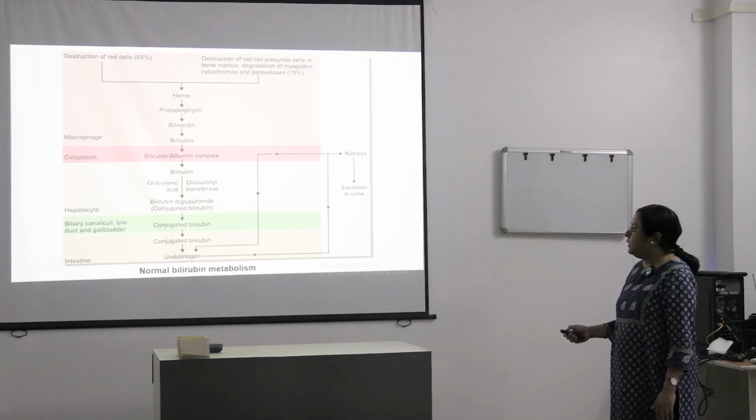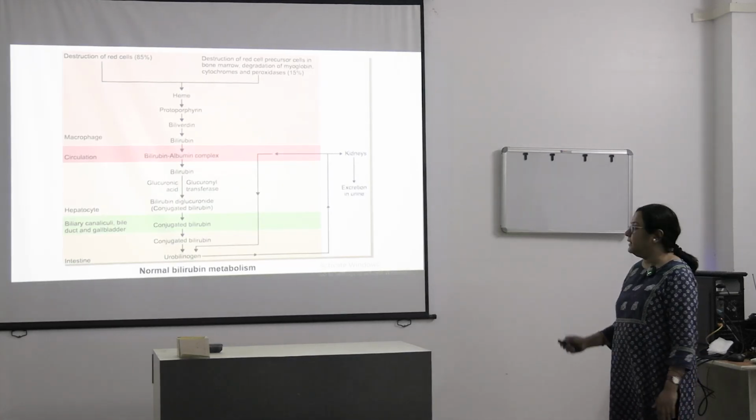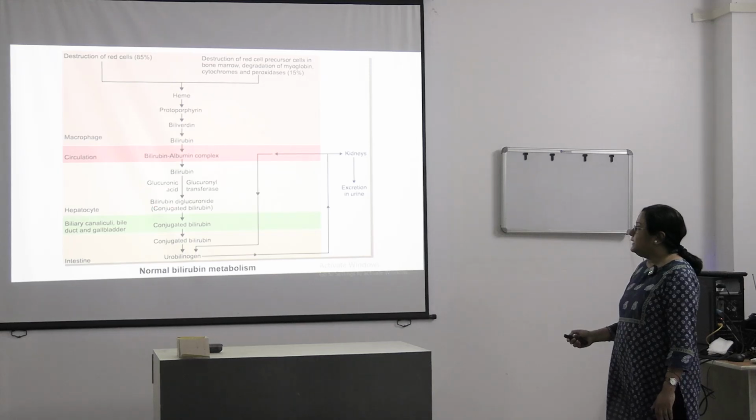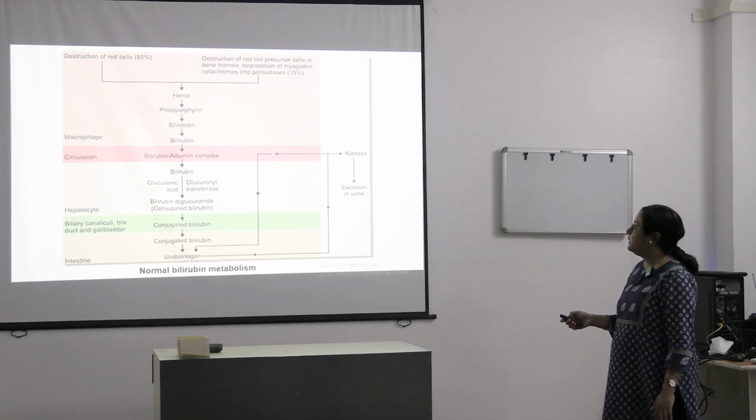Then the bilirubin which enters the hepatocyte, that is the liver cell, combines with glucuronic acid to form conjugated bilirubin, and this conjugated bilirubin in the intestine forms urobilinogen, and then it is excreted in urine also.